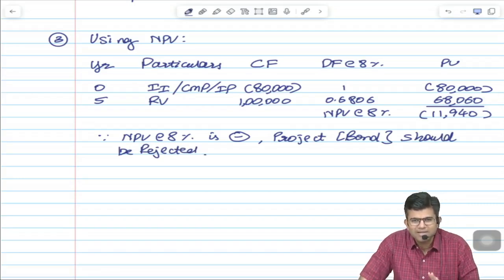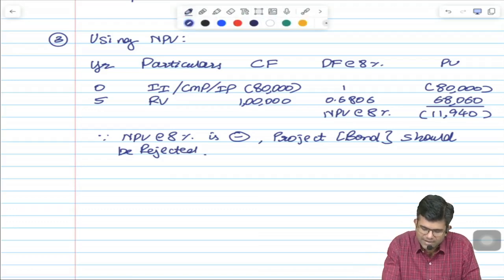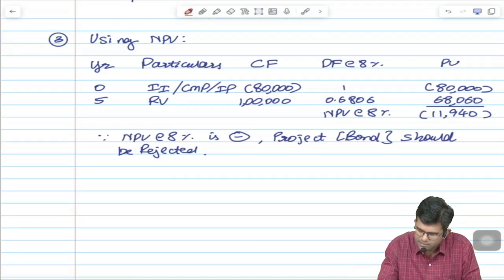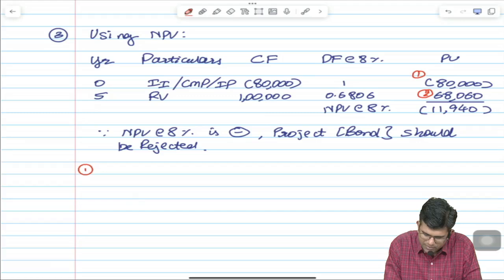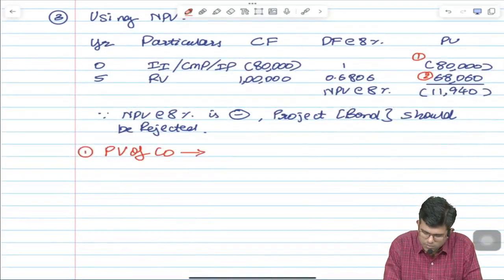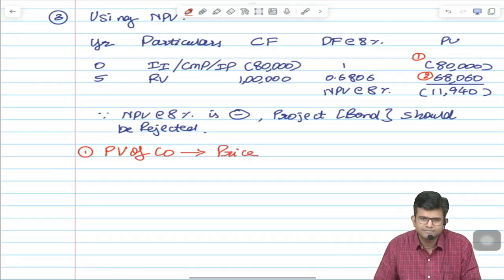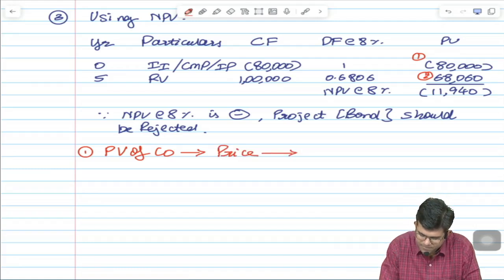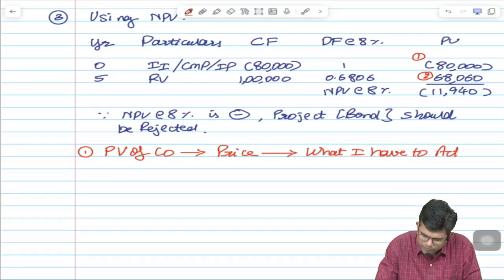But I hope you understand when I say this. I'll put 1 year, 2 year, and I'll say this is PV of CO. Price. What I have to actually pay today.